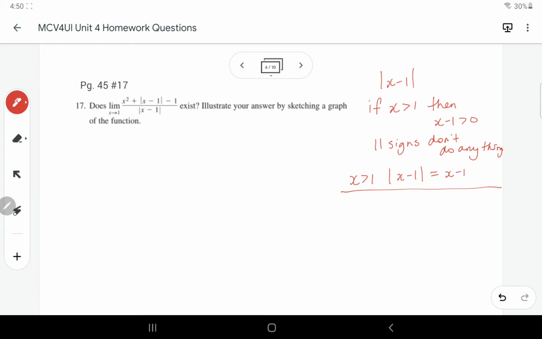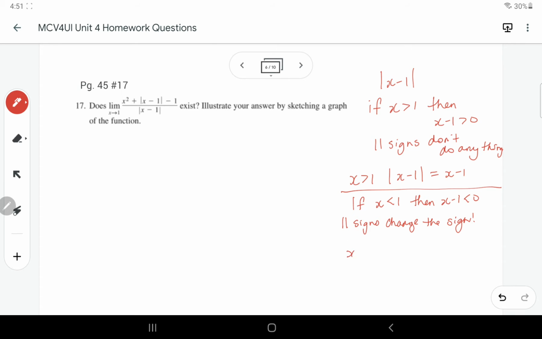On the other hand, if x is less than 1, then x minus 1 is negative. Then the absolute value signs have to change the sign of what's inside.